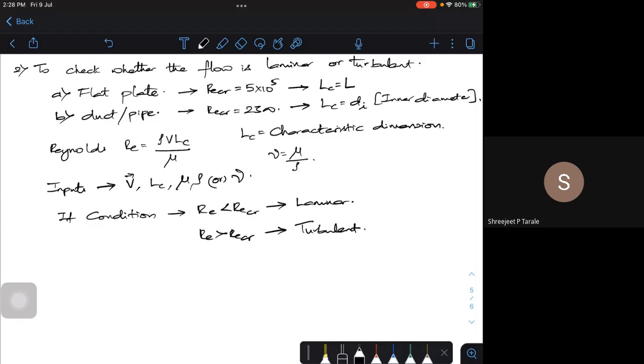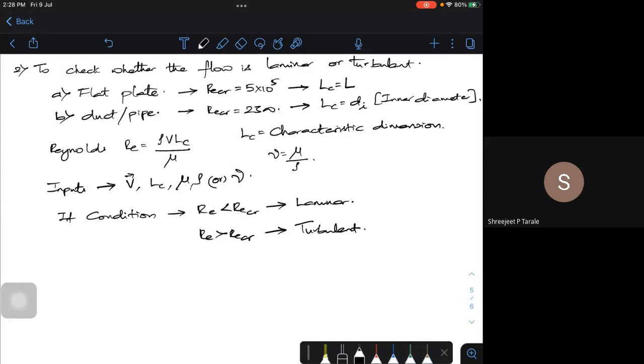Put it in an if-else condition. The same condition I can use: if RE is greater than RE critical, I can call that turbulent. If RE is less than this, I can call that laminar.